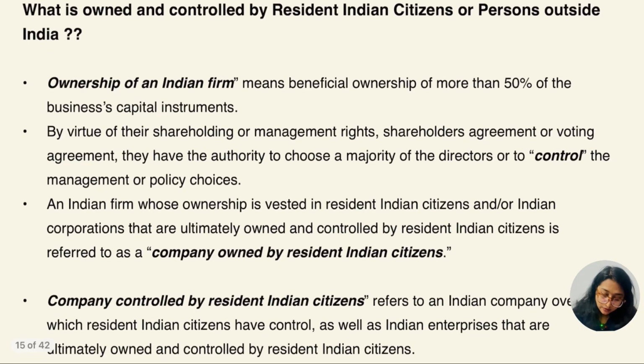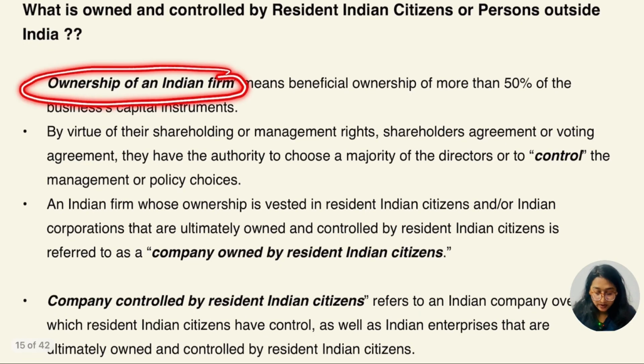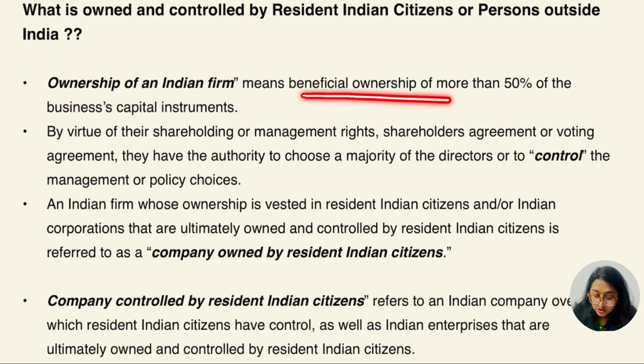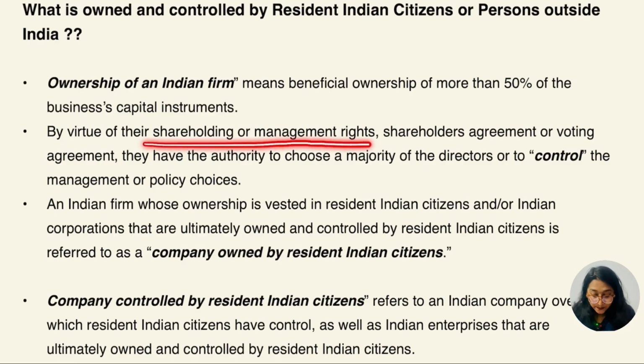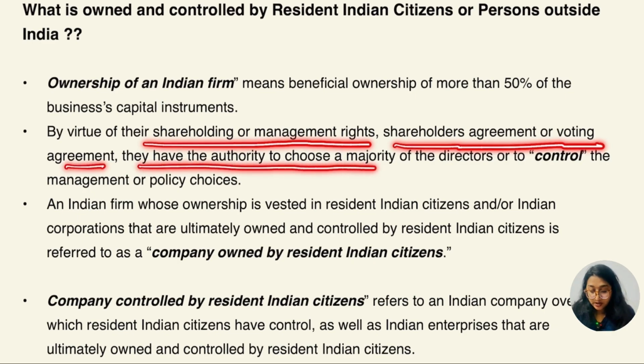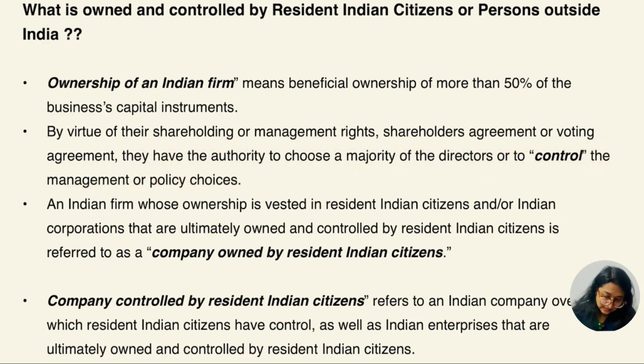On the basis of ownership of an Indian firm, it means the beneficial ownership of more than 50% of the capital instrument by virtue of their shareholding, management right, shareholders agreement or voting agreement. They have the authority to choose a majority of directors or to control the management or the policy choices.